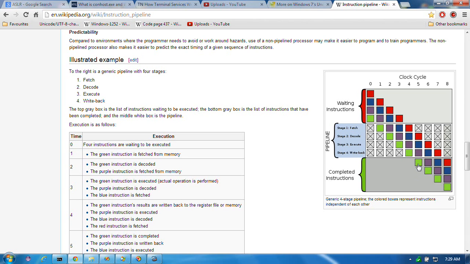At cycle 5, the first instruction has been completed. The second instruction is in the write back phase, the third is being executed, and the fourth is being decoded, and so on and so forth. Okay? So that's a pipeline.